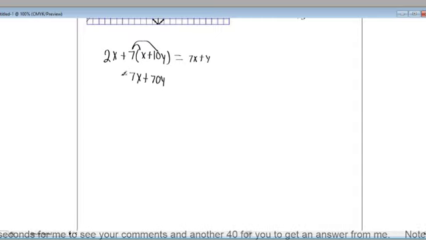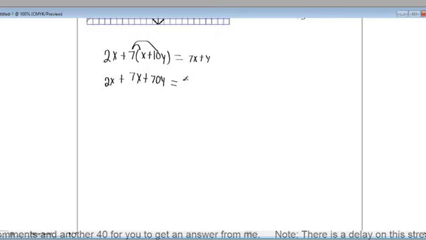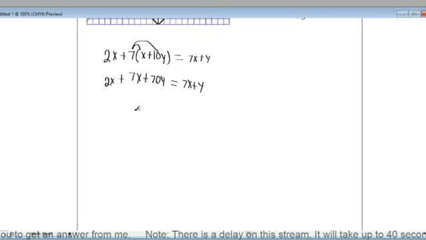So I'll drop down everything else. Now I need to combine any like terms that I may have. So I have like terms here, 2x and 7x. If I combine those together, that'll give me 9x.